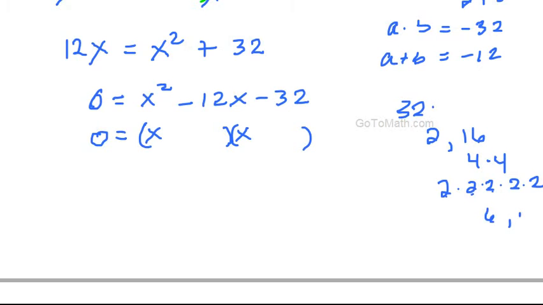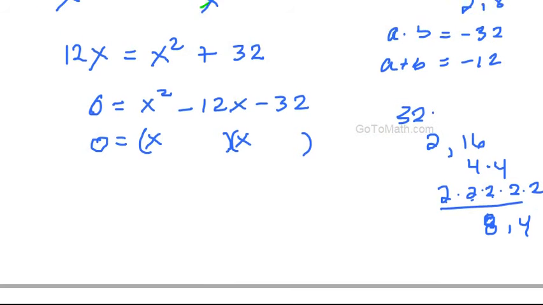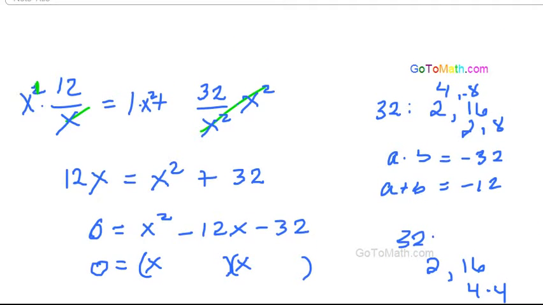Oh, 6 and 4. How did I miss that? No, that can't work either. Wait a minute, 6 and 4. 2 times 2 is 4. Oh, that's 8 and 4. What is going on? Man, I don't see this working. Oh, I'm getting tired. What is going on with this problem?